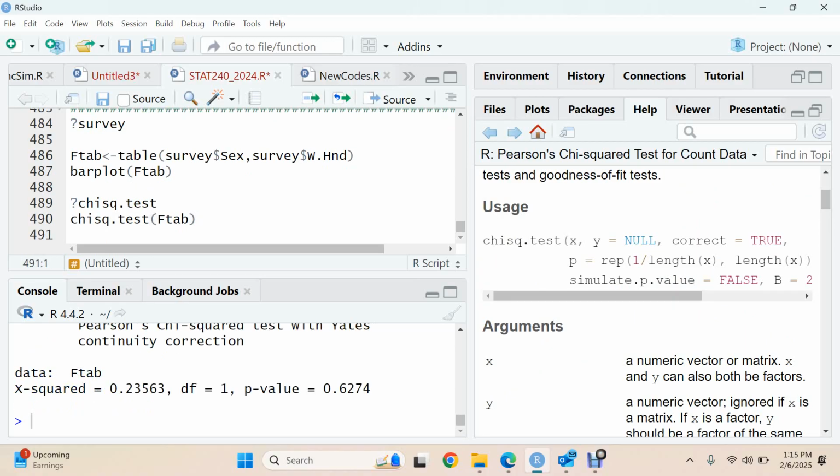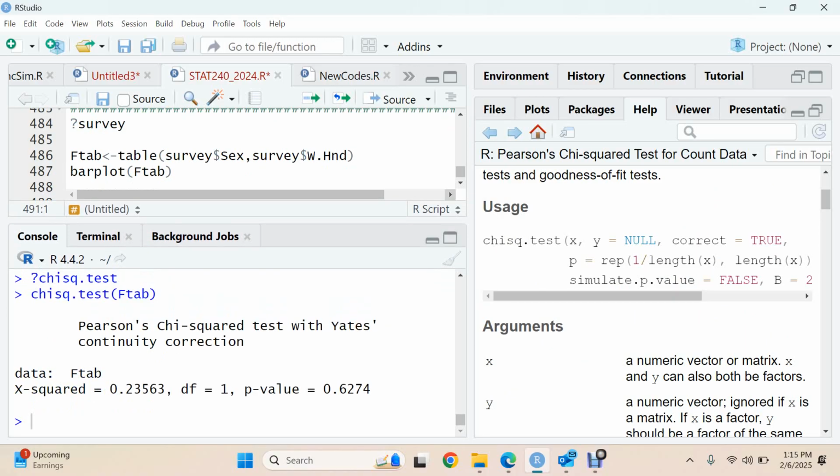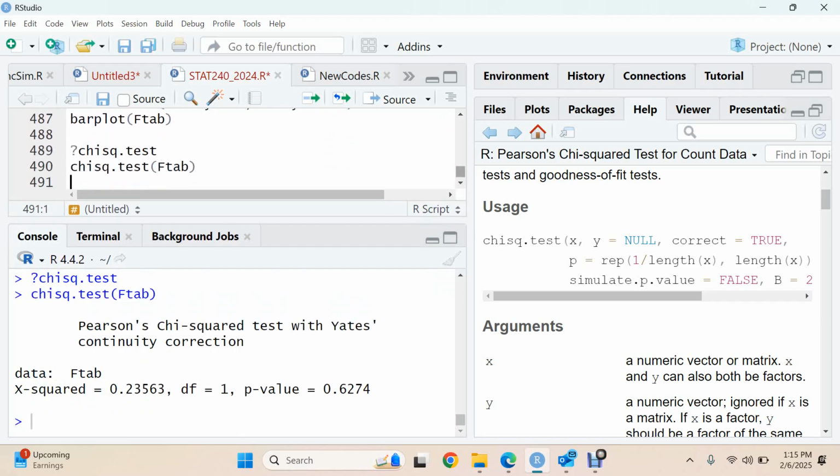There it is. Okay. So this is a test you've done in 223. The chi-square value is very small, degrees of freedom is 1. How can you explain this? Why is the degrees of freedom 1? Please speak up.